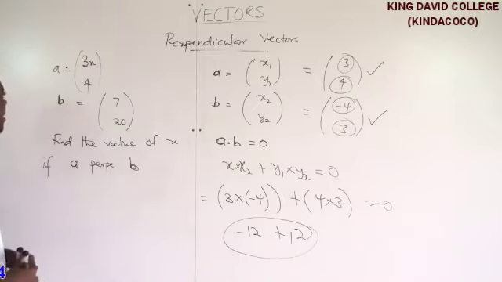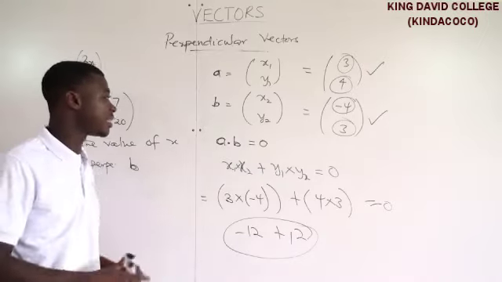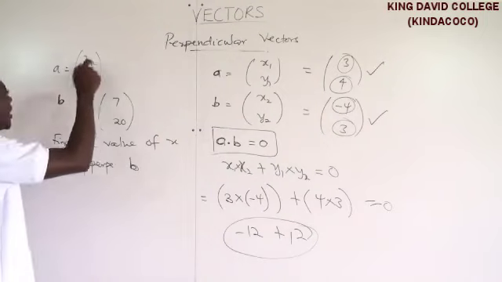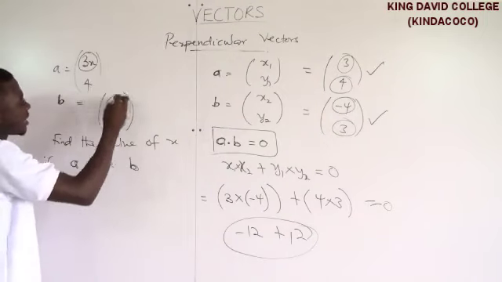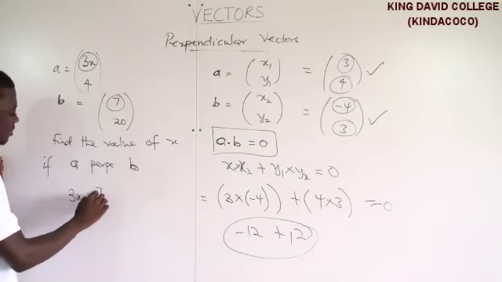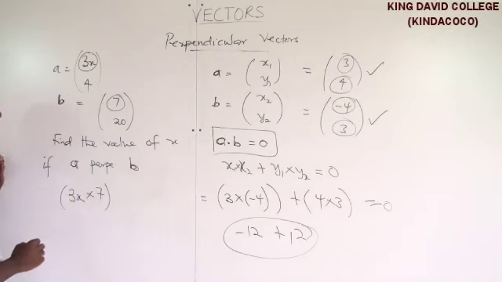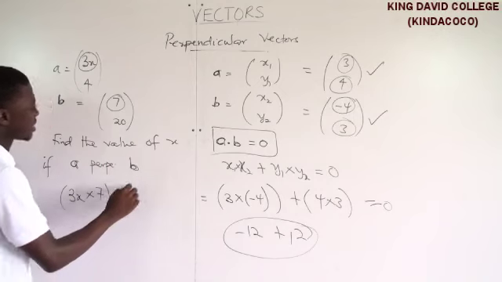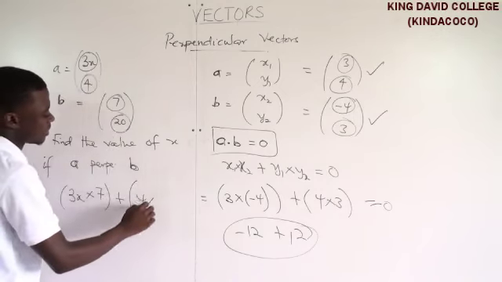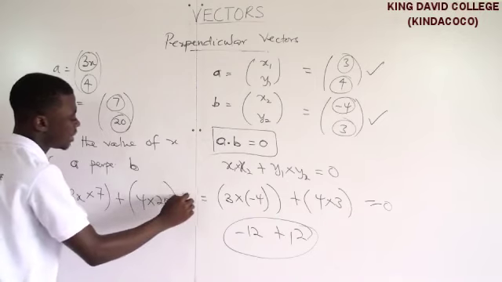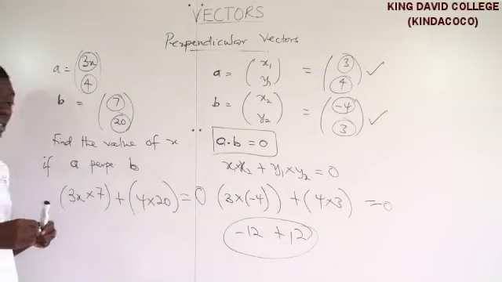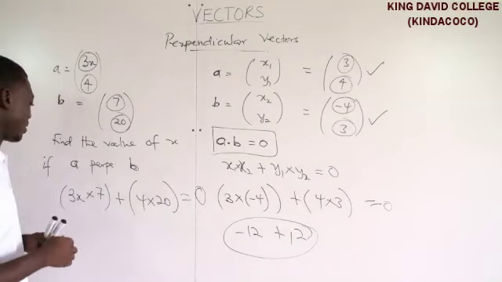In that case, then you can just use the rule. So this x here times the x, so 3x times 7, plus the y times the y, 4 times 20 should be equal to 0, according to the condition to be perpendicular.